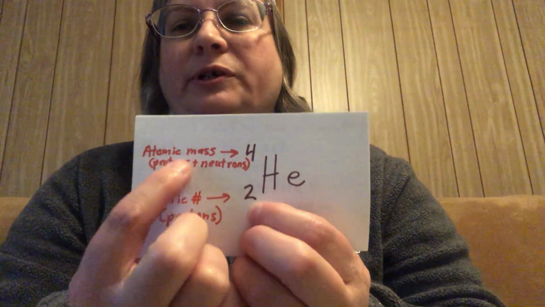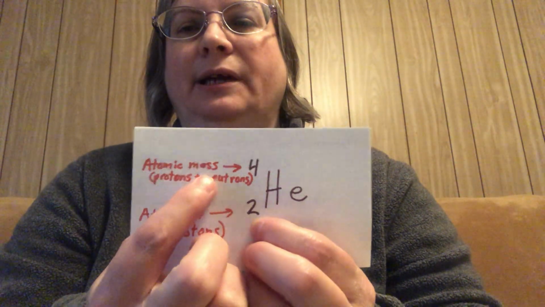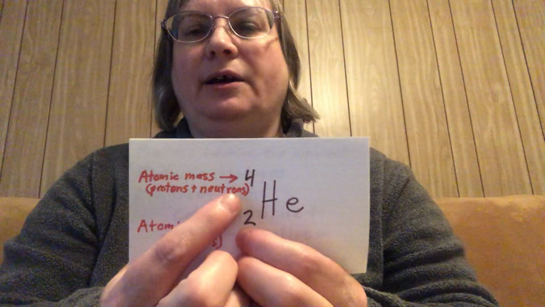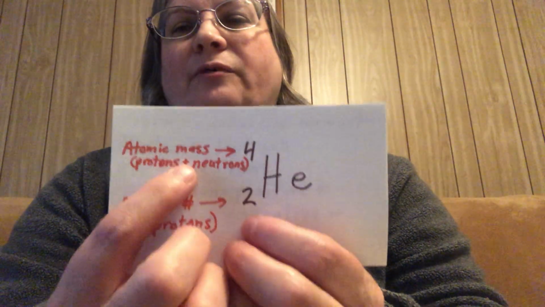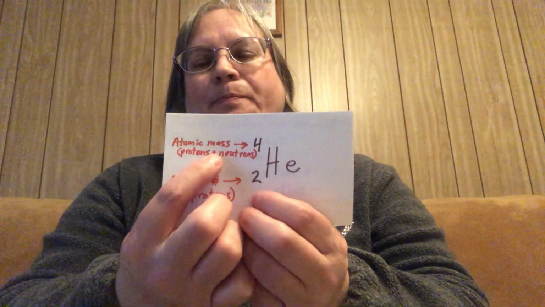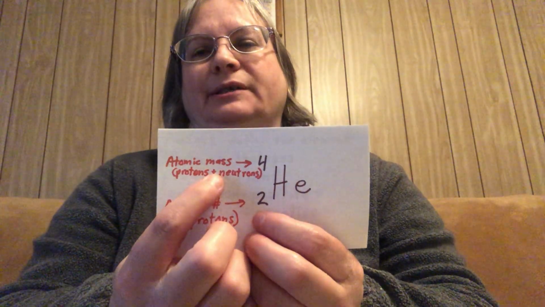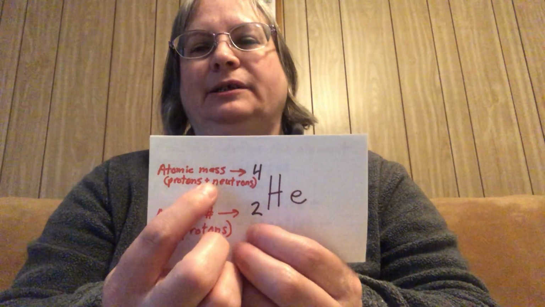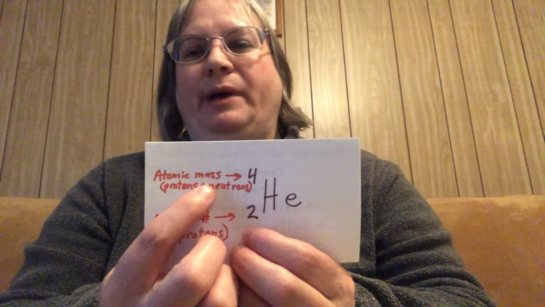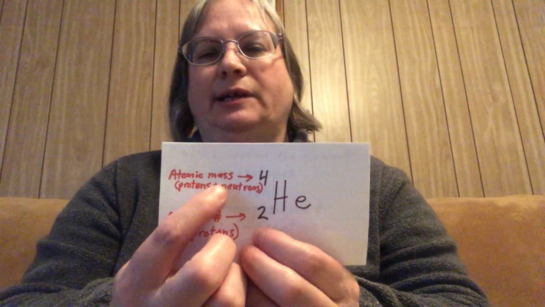And the top number is the atomic mass, and that is the number of protons and neutrons, the mass that they take up. Now, on Earth, we tend to think of mass as weight. That's not technically correct. If you have the same amount of mass in outer space, it does not weigh the same as it would on Earth.